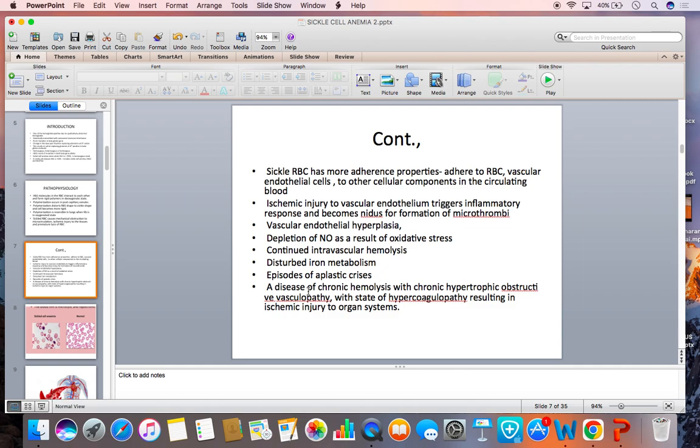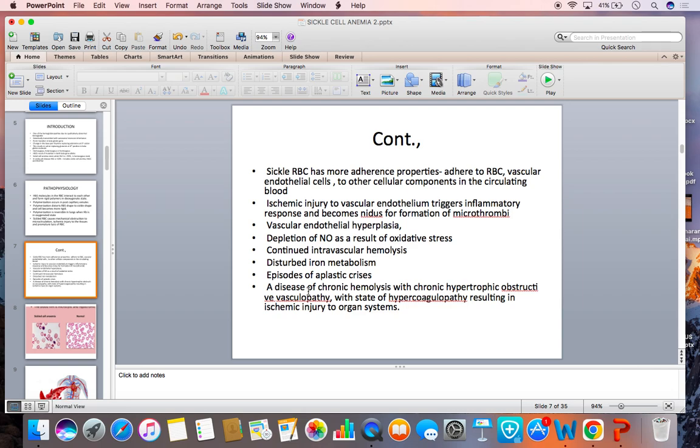All these phenomena lead to a disease of chronic hemolysis with chronic hypertrophic obstructive vasculopathy with a state of hypercoagulopathy resulting in ischemic injury to the organ systems. So this is the phenomenon that happens in sickle cell anemia.